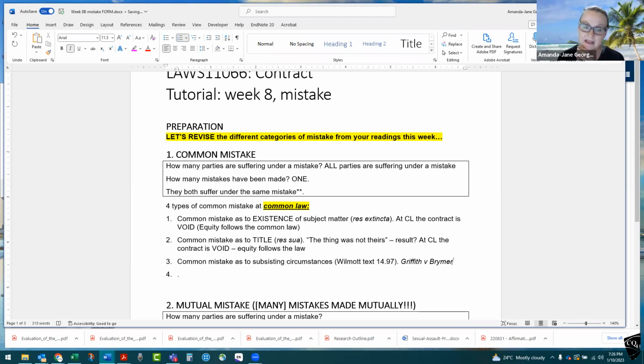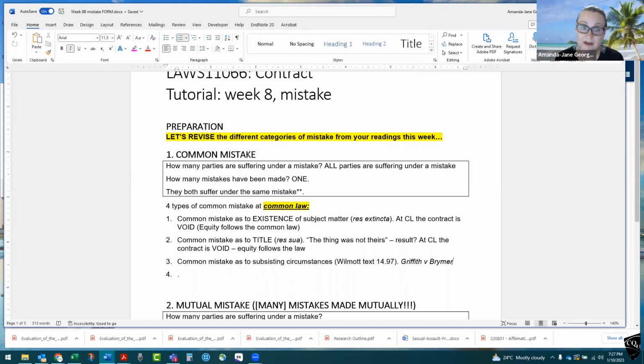This was back in 18-something or other, when I think King George's coronation procession was about to happen. And there was a contract that dealt with looking at his procession going by. So if someone wanted to hire a room to look at the procession going by, it had been announced that the King had got appendicitis before this contract was made, and that the procession was going to be cancelled.